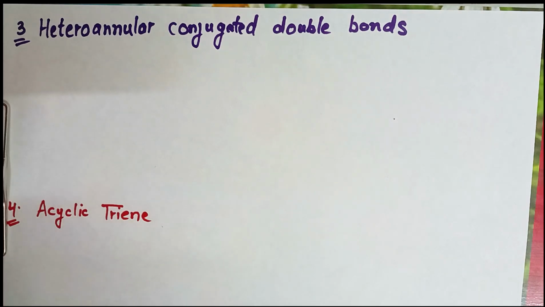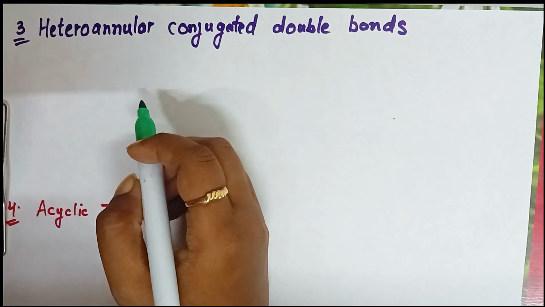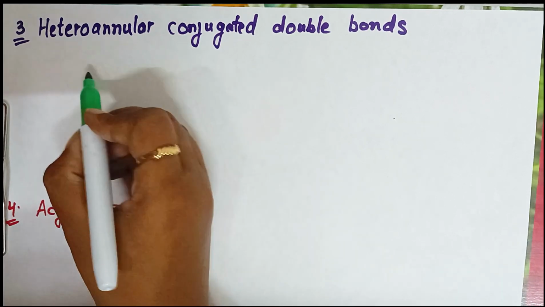Now the third rule is if we have heteroannular conjugated double bonds. Initially it was homoannular and this is the heteroannular conjugated double bonds or heteroannular dienes. In that case, the conjugated bonds are not present in the same ring.